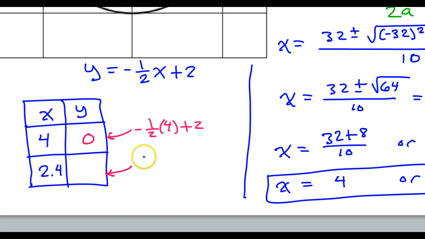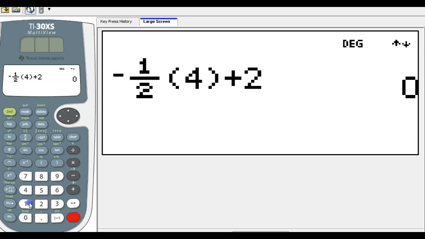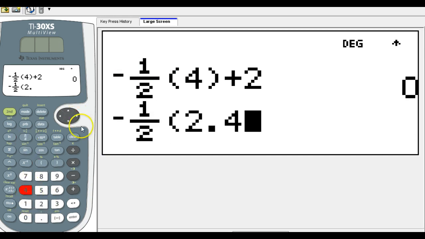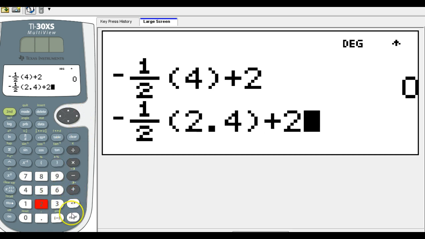Now if x is 2.4, then y equals -1/2 times 2.4 plus 2. And that is 0.8.